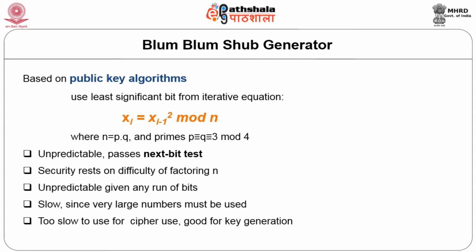So take an example of a prime number, 17. Can I take 17? 17 is a prime, but the next condition is p should be congruent to 3 mod 4. If I say 17 mod 4, it gives 1. So again the condition is not satisfied.